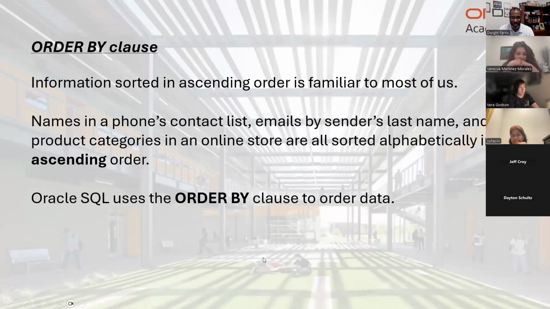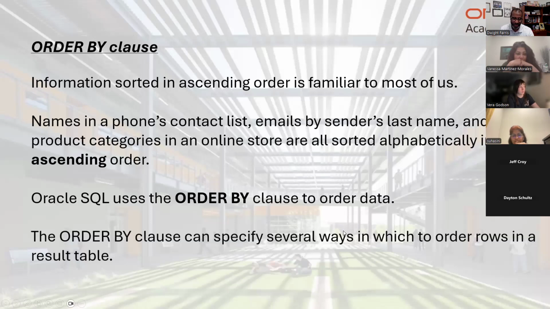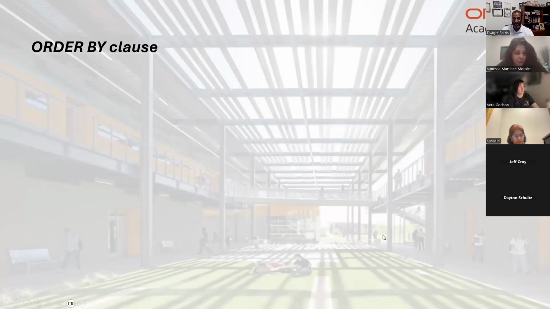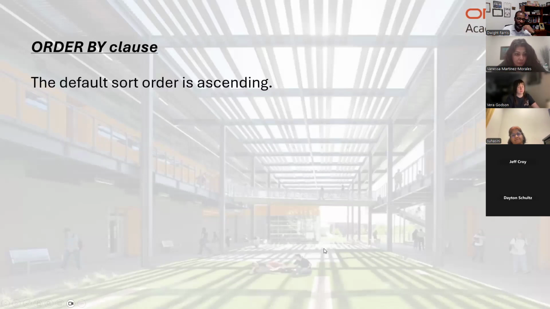So Oracle SQL uses the ORDER BY clause to order data. The ORDER BY clause can be specified in several ways to order rows in a result table. The default sort order is ascending. If there are nulls, remember nulls will always appear first. Wait, no, appear last. I have to remind myself.